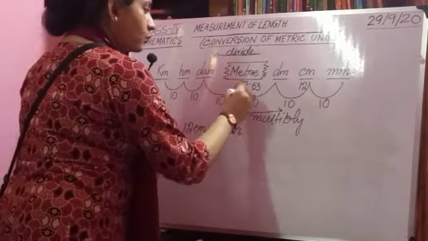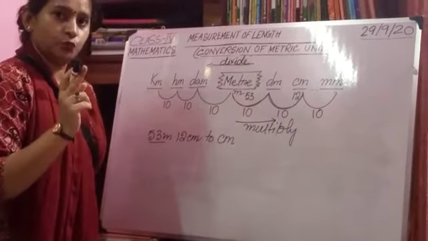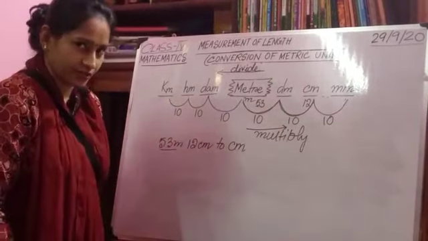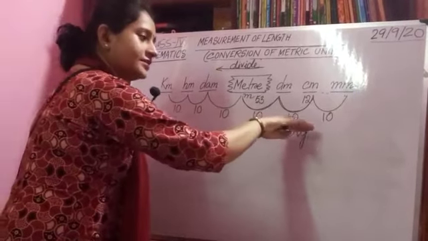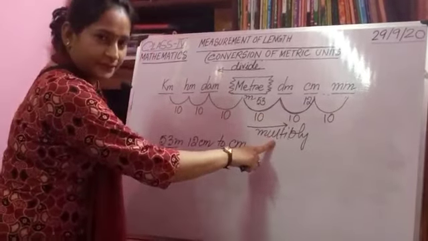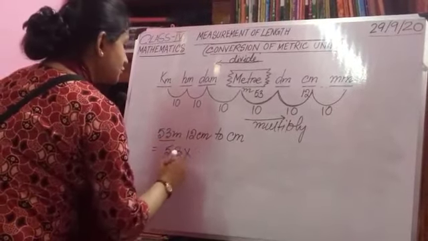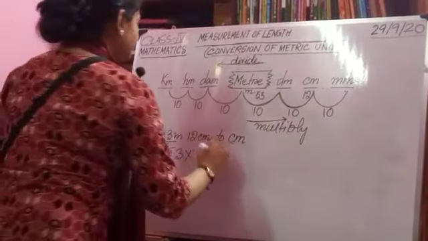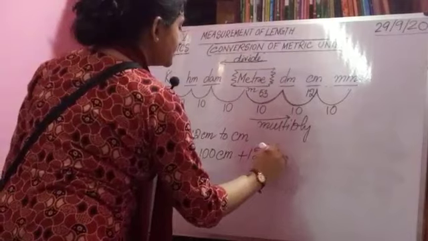So, 1, 2. Count the gaps. 2. That means 10 into 10, 100. Which side are you traveling? You are going right hand side, so you have to multiply. So 53 into 100, 10 into 10, centimeter plus 12 centimeter.